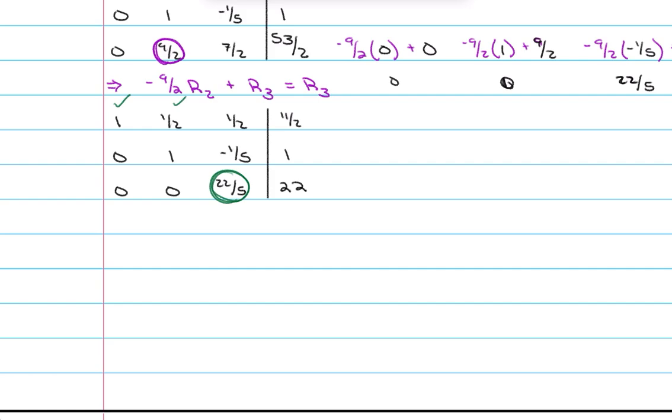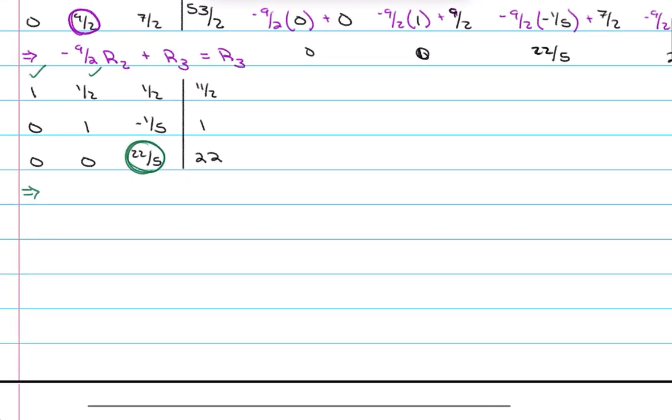Okay, so remember, to make a 1, you're just going to multiply by the reciprocal. You're going to flip the fraction and multiply it. So this guy is going to become 5 over 22 times row 3 equals my new row 3.